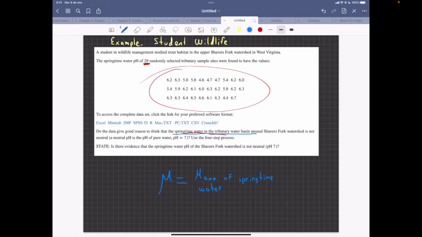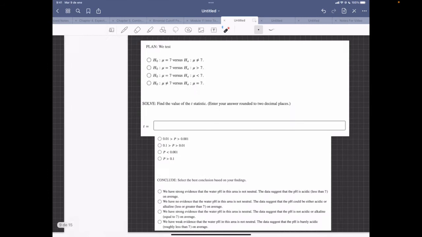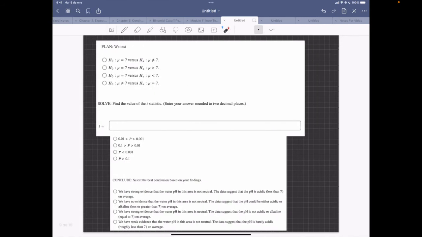It says that neutral pH is the pH of pure water, that is pH equal to 7. So based on this sample, we want to test whether the mean is different from 7. In this case, what are the hypotheses? Remember, we always have two hypotheses, H null and H alternative.